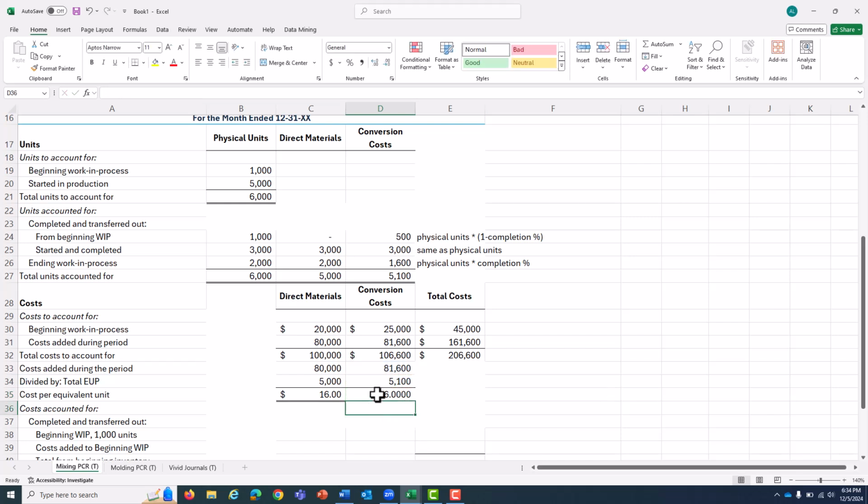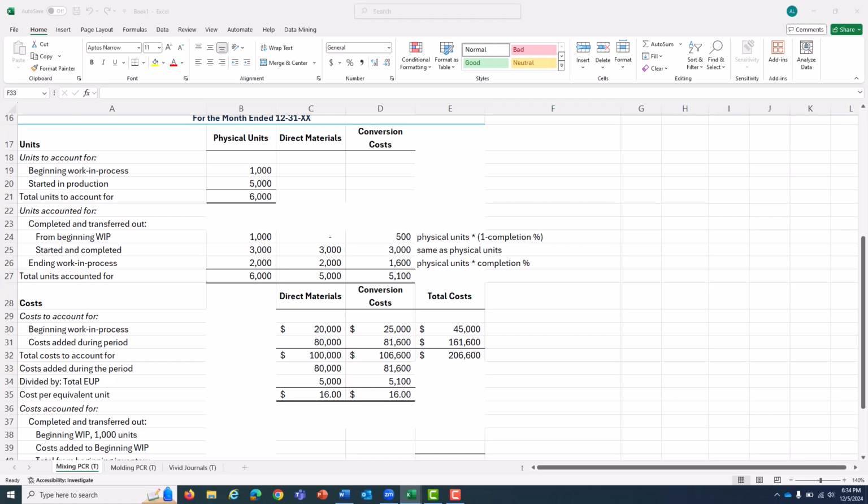That is also $16. So in the mixing department, to properly mix a batch of crayons to be made into properly molded crayons, it's $16 in materials and $16 in conversion costs.